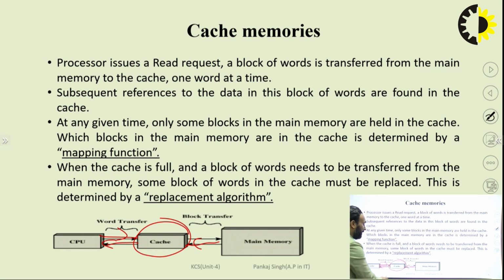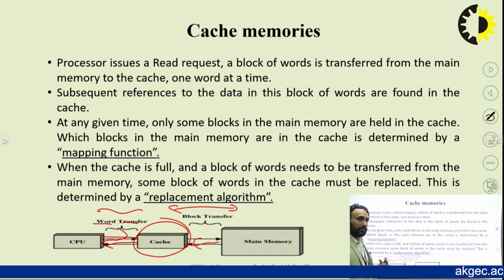Between the CPU and cache memory, we transfer data as words, and between cache memory and main memory, the content is transferred in the form of blocks. Because the CPU requires the specific word needed to execute an instruction. But between main memory and cache memory, there is no word exchange; it will exchange the complete block. What a block, tag and set are, we will discuss in mapping techniques.